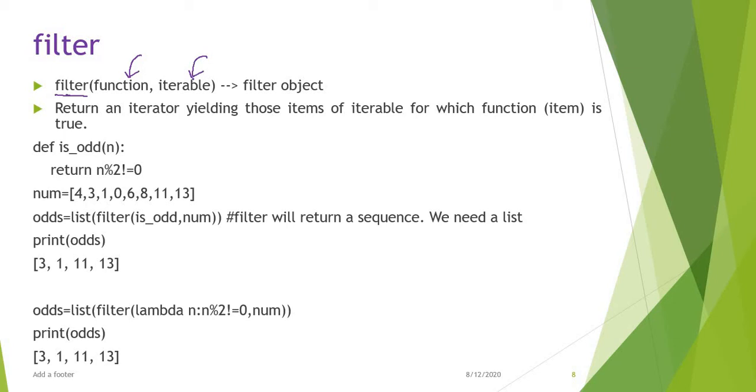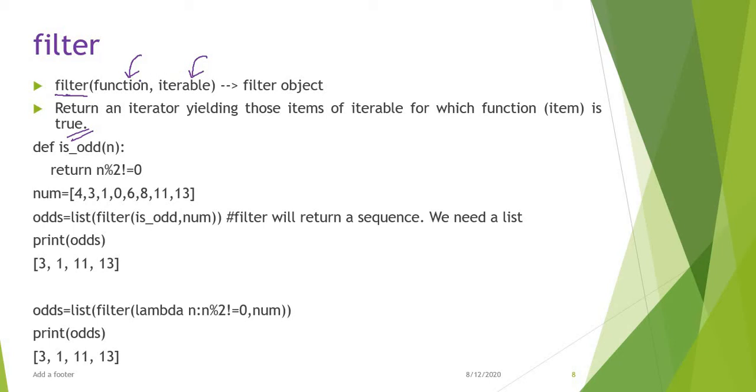It can be a list. It will return an iterator yielding those items of the iterable for which the function is true. So whenever this particular function is true, based on the function statement, it will filter some items from the list and return them.